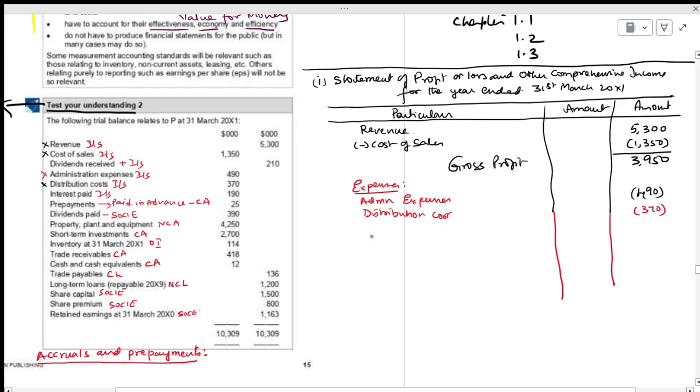Anything else? Interest paid, prepayments, nothing is there. Only these are expenses. There is interest paid, but we have to show it separately, after profit from operations.